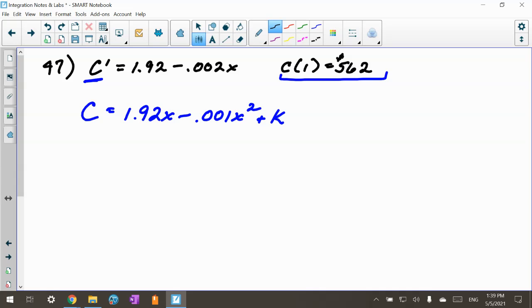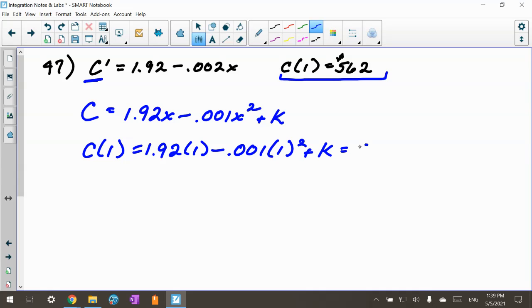Now I'm going to do C of 1. So C of 1 is going to be 1.92 times 1 minus 0.001 times 1 squared plus k equals $562, because that's what they said the cost of producing one item was.